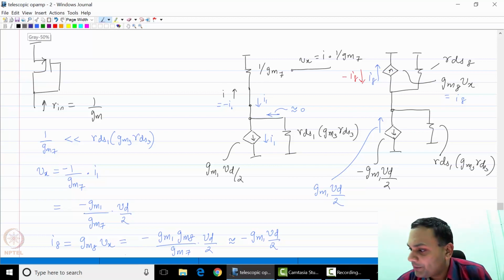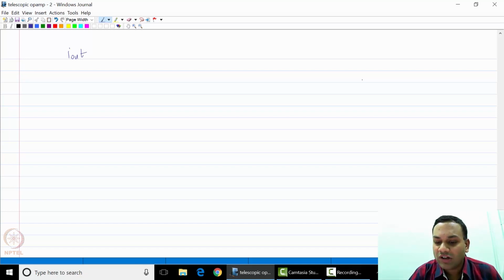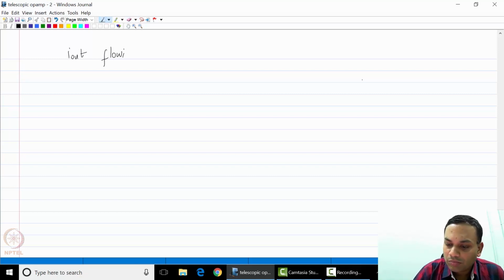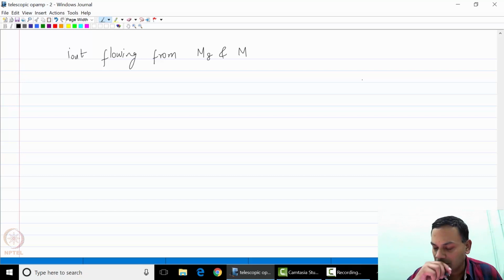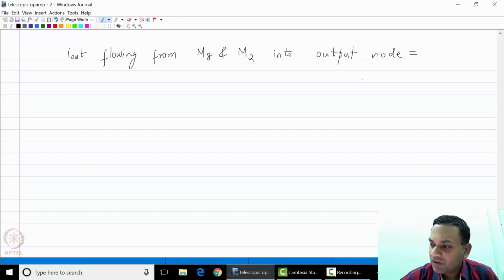So the total output current, let's call that Iout, from M8 and M2 into the output node is equal to gm1 times Vd.